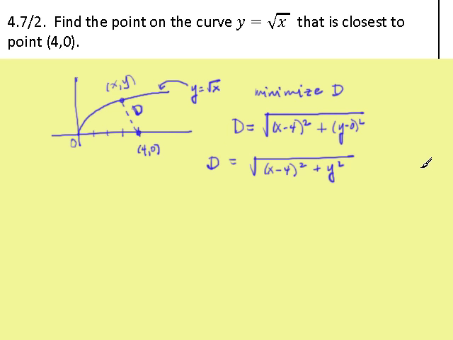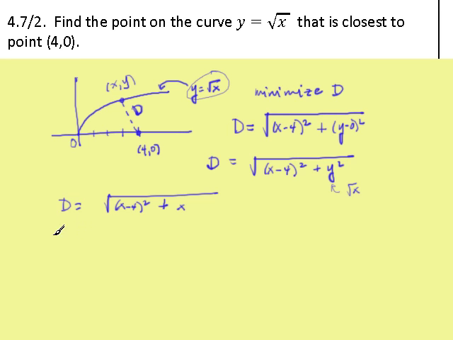And now we'd like to eliminate either x or y. Well, we didn't use the fact that y is equal to square root x, so we can just substitute that in. For y, we're going to substitute in square root x. Notice it's squared, so we get d is equal to the square root of x minus 4 squared plus square root of x squared, so that would be just plus x.